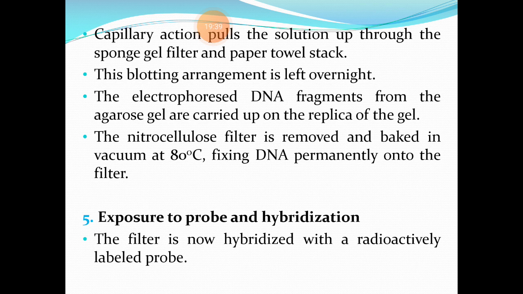Okay. This is what is done in Southern blot. Then this Southern blot has to be subjected to hybridization, that is the fifth step. Now the nitrocellulose filter paper with the DNA permanently fixed onto it is hybridized with a radioactively labeled probe.